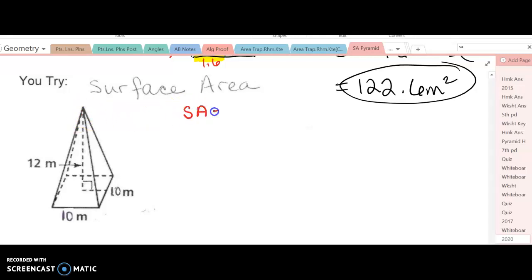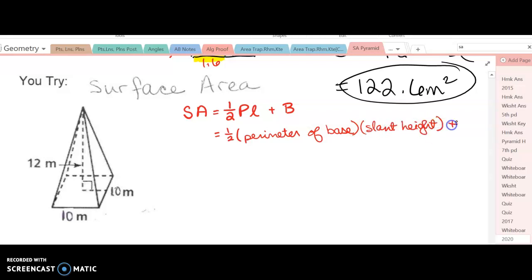We know that the surface area formula for a pyramid is 1/2 PL plus B. That's 1/2 times perimeter of the base times slant height plus area of the base.